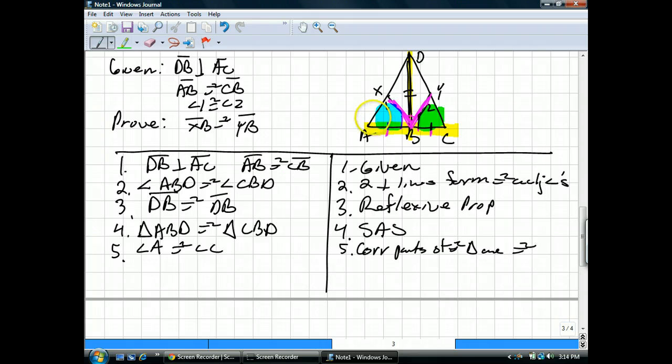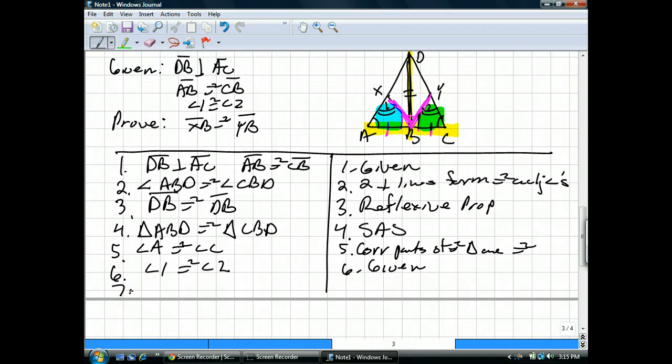Okay? So now I have this congruent to this. Okay? And I know that angle 1 is congruent to angle 2 from my given. So I have this congruent to that. Okay?